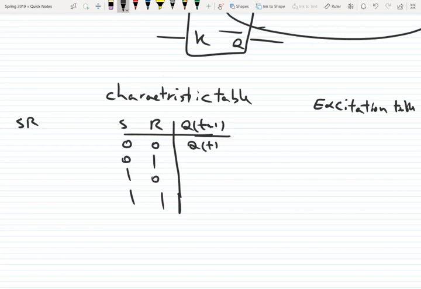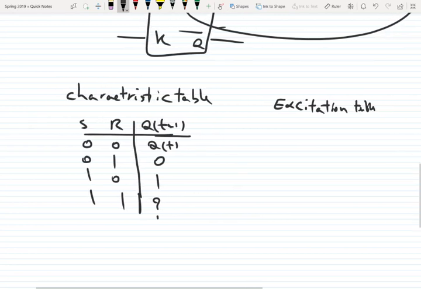If S is 0, R is 1, the output is 0. If S is 1, R is 0, the output is 1. If both of them are 1, we don't know. Okay, so this one is the characteristic table. But what about the excitation table?